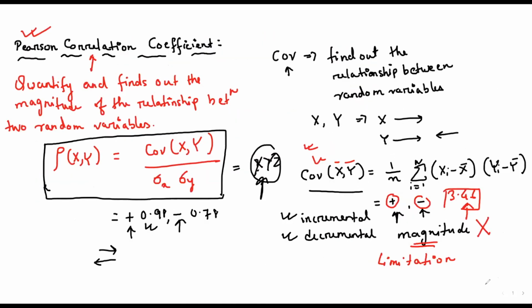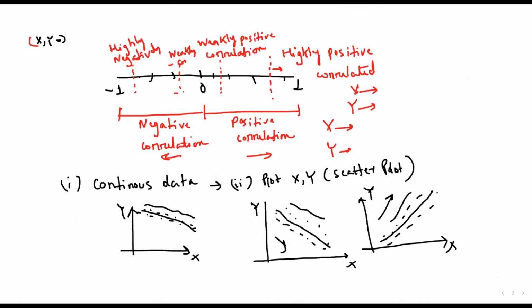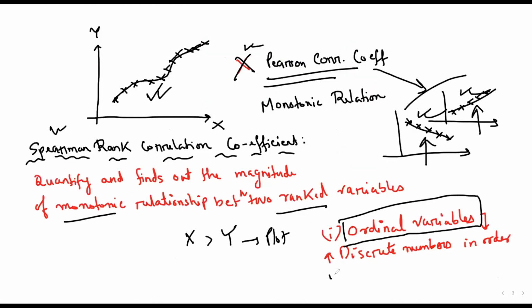Whereas the Pearson correlation coefficient cannot be used for ordinal variables. There's a limitation for Pearson correlation. One more thing: for nominal variables, you cannot use either Spearman or Pearson.